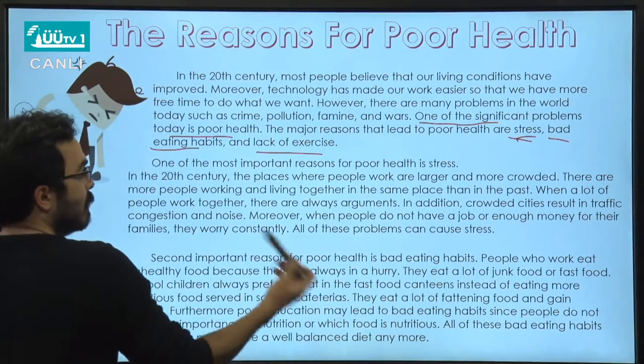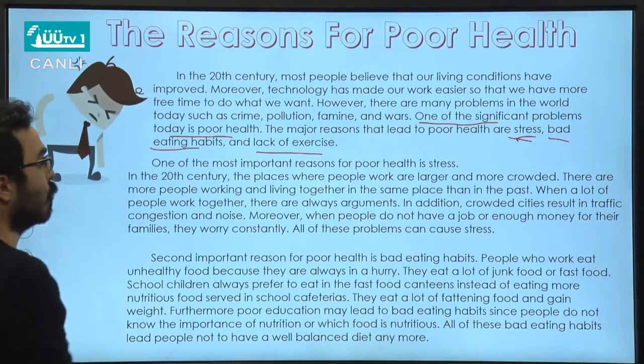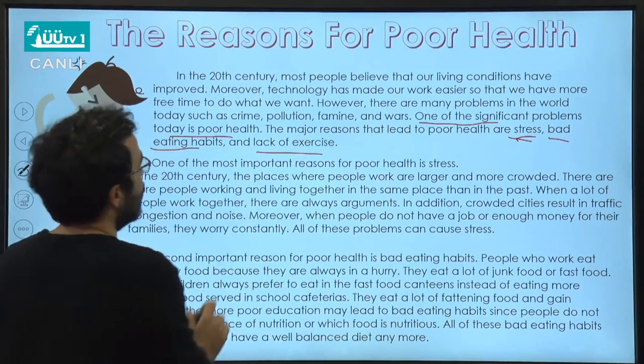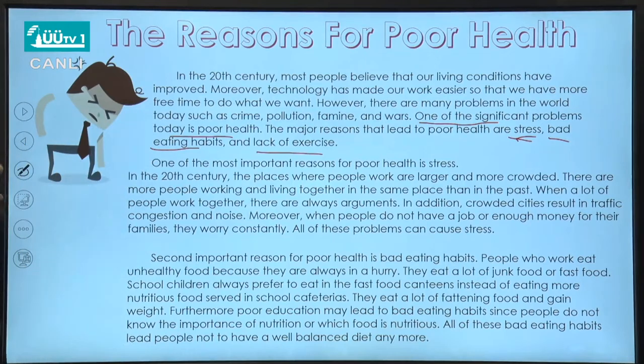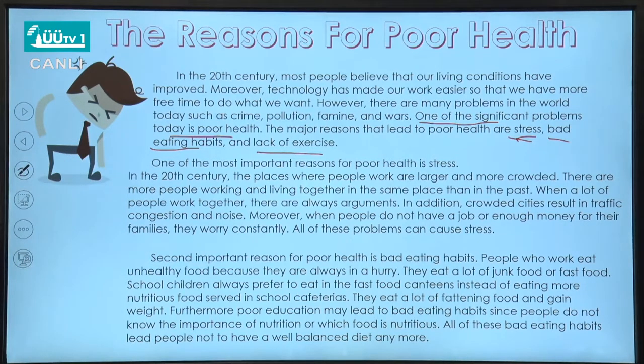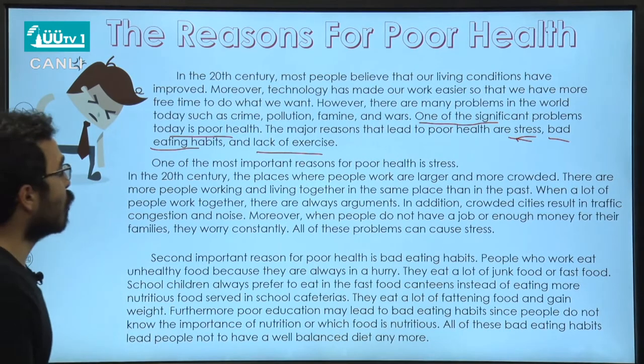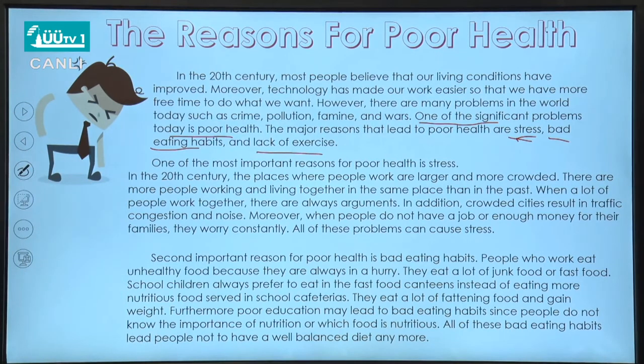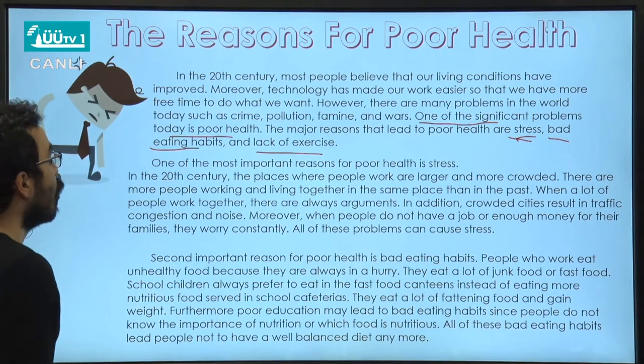Okay? Now, it gives us that ordering. Stress. In the 20th century, the places where people work are larger and more crowded. There are more people working and living together in the same place than in the past. When a lot of people work together, there are always arguments. In addition, crowded cities result in traffic congestion and noise.